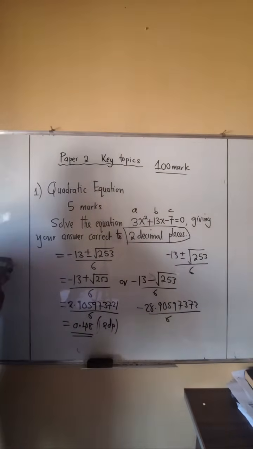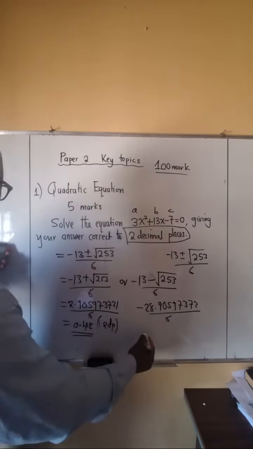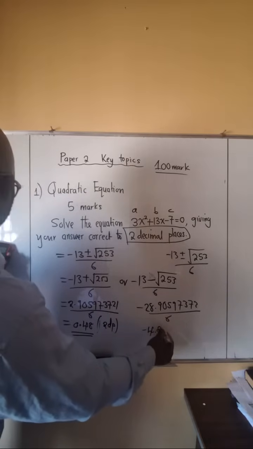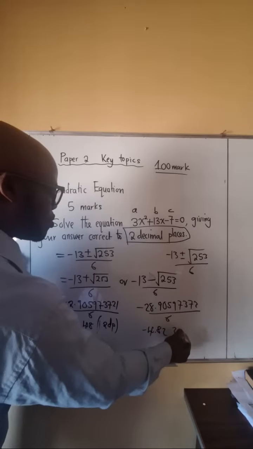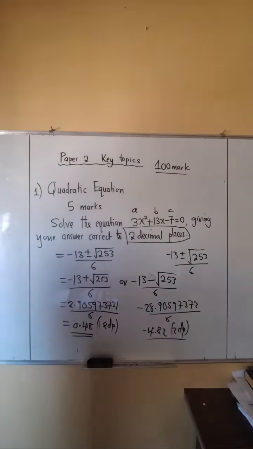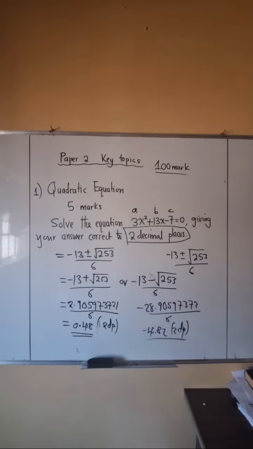So when we divide by 6, our answer in 2 dp is negative 4.82, 2 decimal places. So those are the 2 solutions for this quadratic equation. Hopefully you guys have gotten 1 or 2 things out of it.